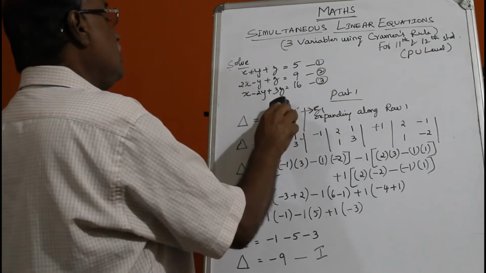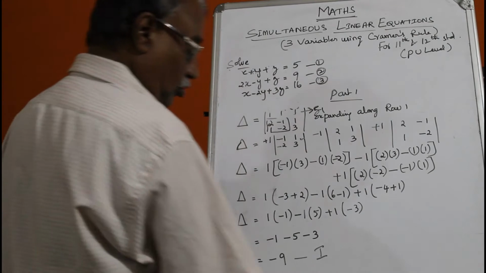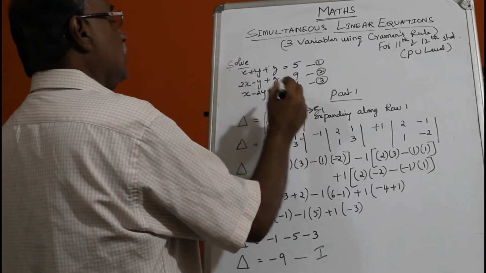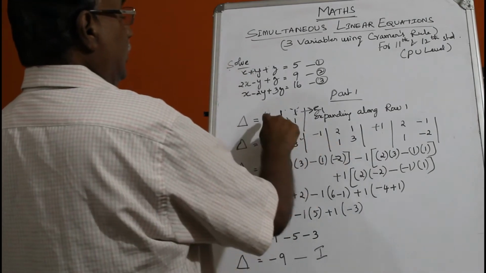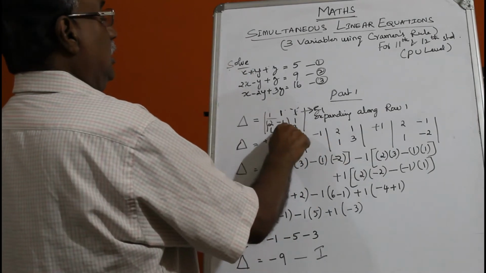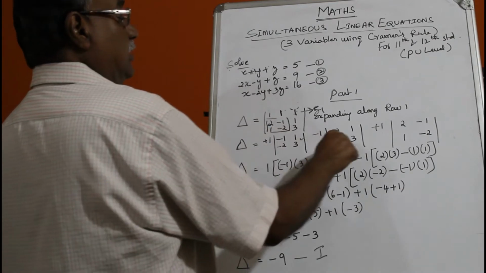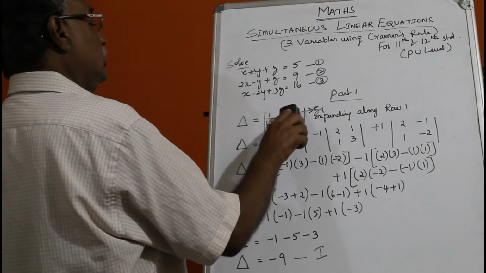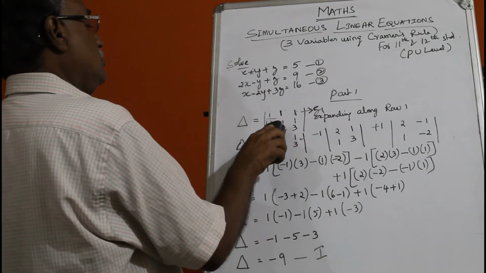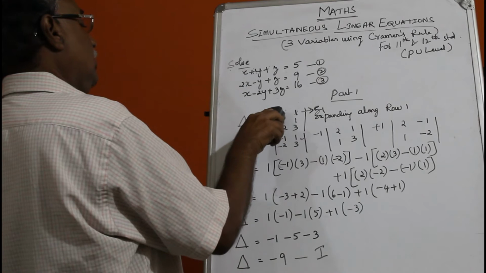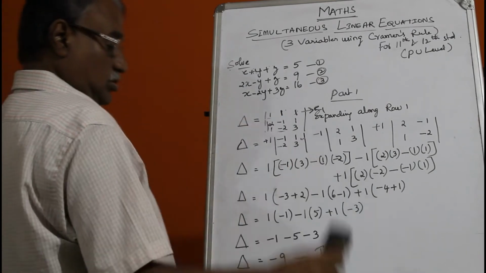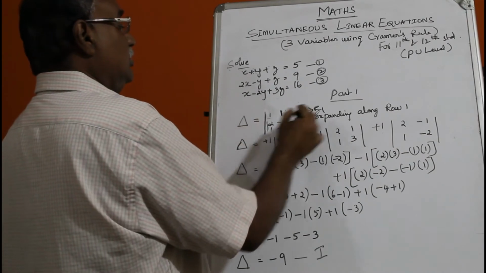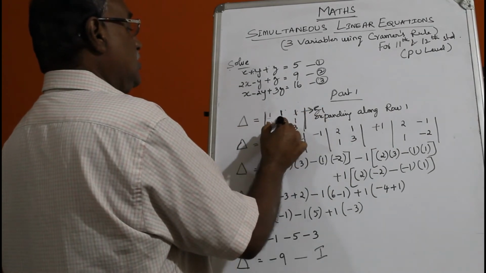You take this minus 1, write this 2, 1 and minus 2, 1 and 1 and 3. And last is plus 1. When you take the plus 1, you have to take this box. And determinant expansion is quite easy. So you get like this.